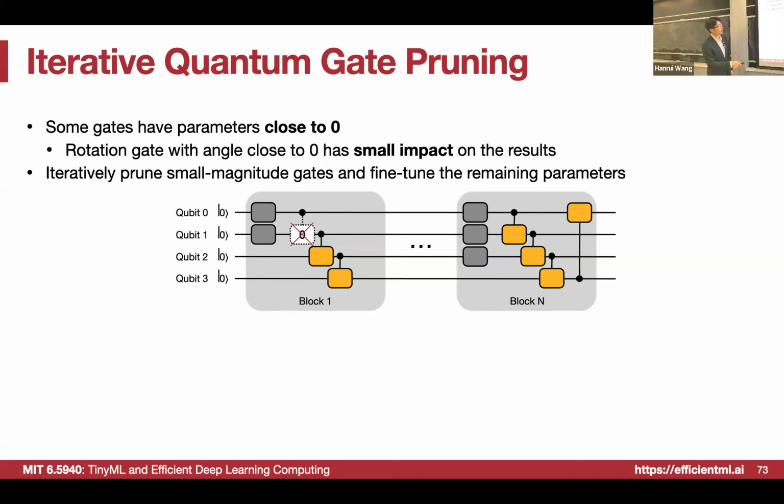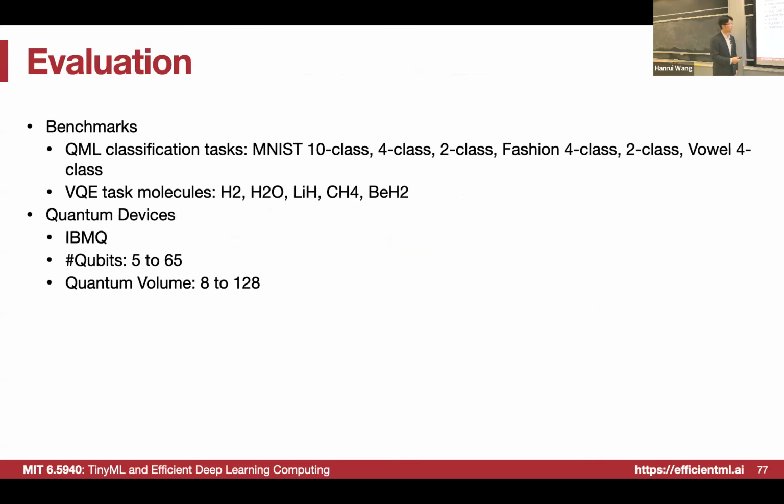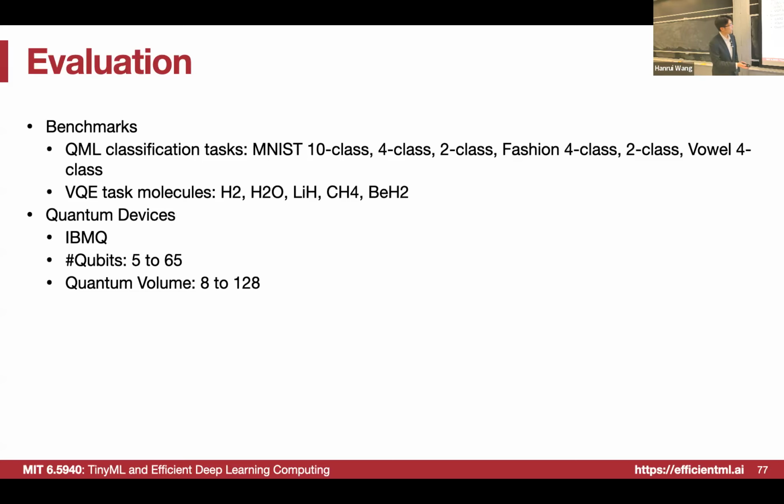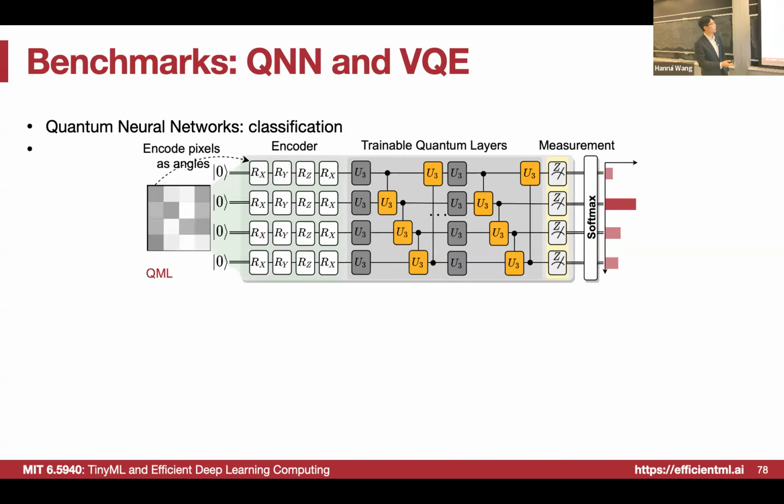And also during the training, we can find some threshold to remove and prune away those very inessential gates, and then we can fine-tune the later layers to make sure the performance of the remaining parameters satisfies our target task.